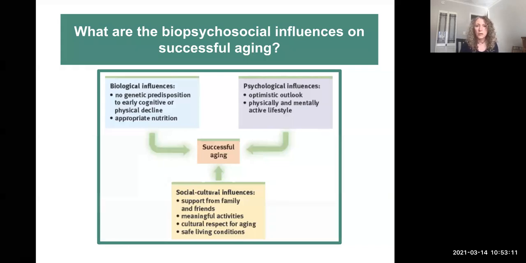So biological, obviously we're going to have some genetic predispositions to certain diseases or to longevity, to live a long life. We may have some psychological influences, just how our overall outlook on life and our lifestyle. And then our social cultural is obviously where we live, the community we live in. Is there respect for the aging? Are there safe living conditions and things of that sort?